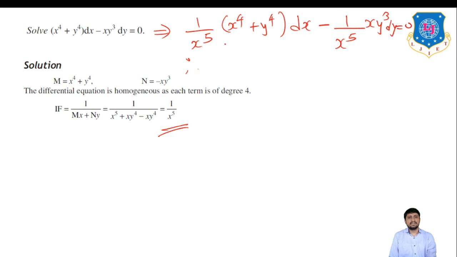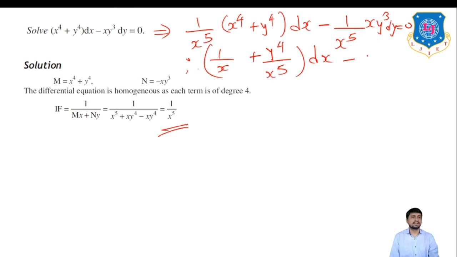So this is 1 upon x plus y raised to 4 upon x raised to 5, dx, minus y cube upon x raised to 4 dy, equal to 0.